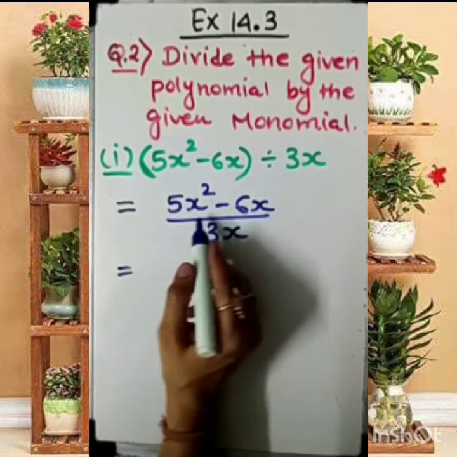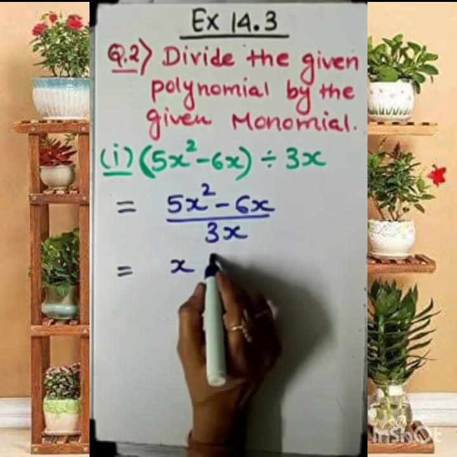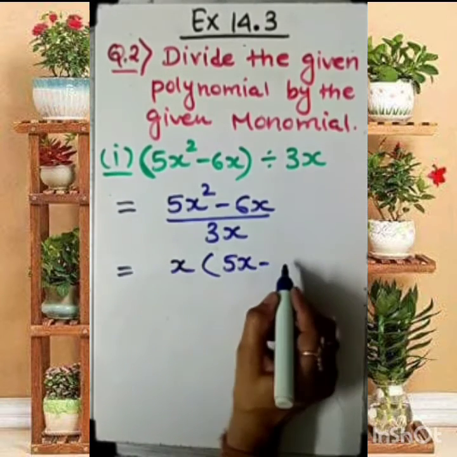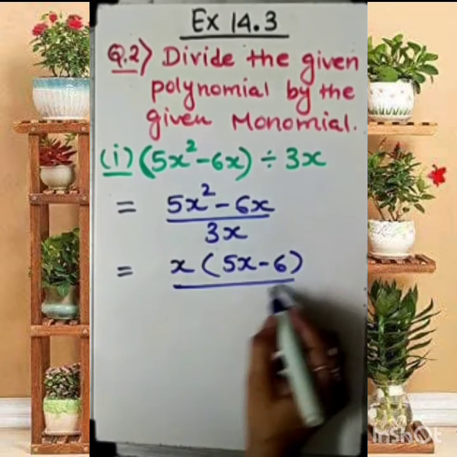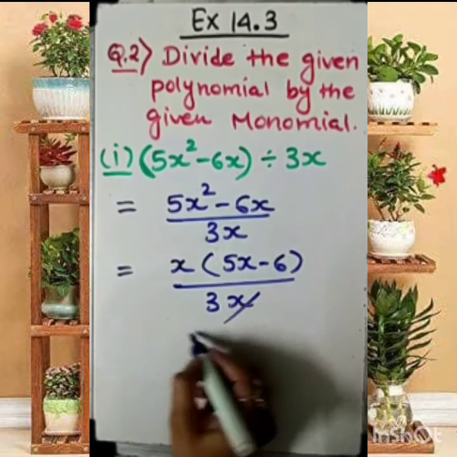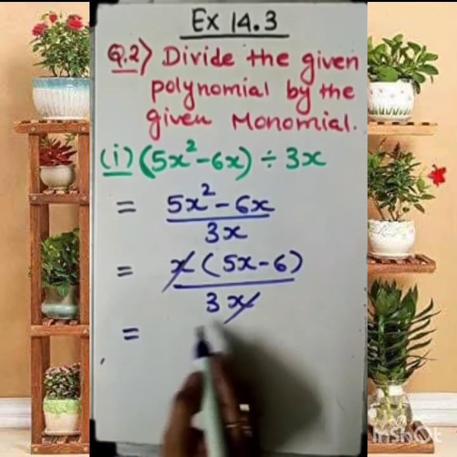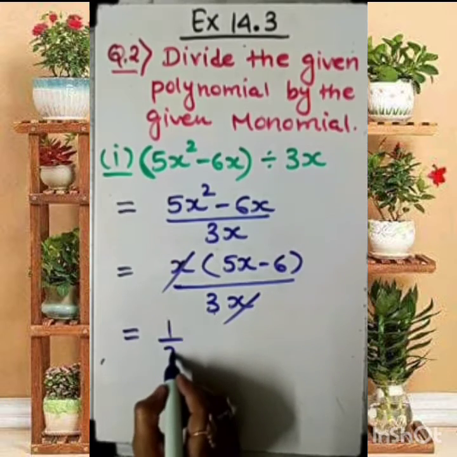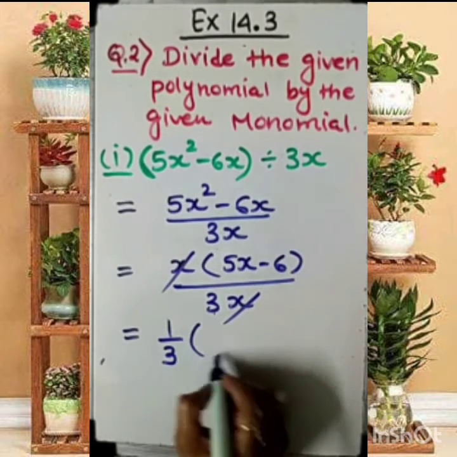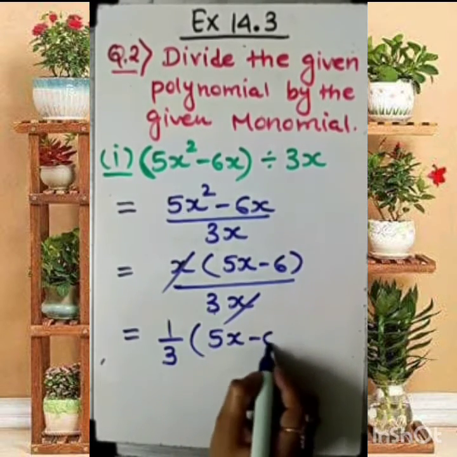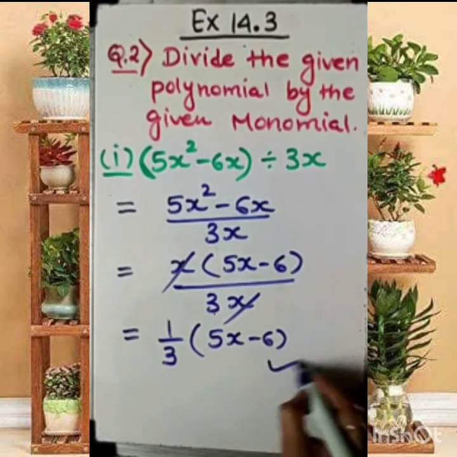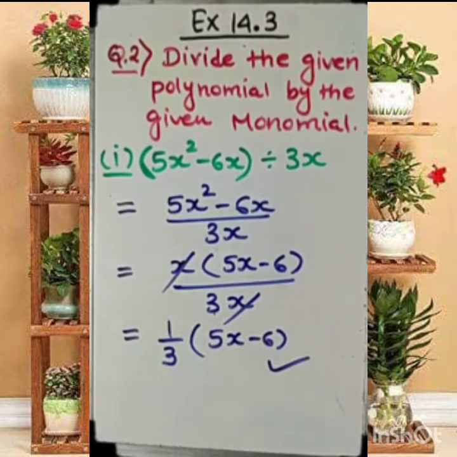From the numerator x can be common. So what is left? 5x minus 6 is left, and this is 3x. x will be cancelled, dear students. So here in the denominator 3 is left. So 1/3 in bracket 5x minus 6. Okay. So this is the solution, and this is also an easy technique. So you can move with this also. The answer in both the cases is the same.